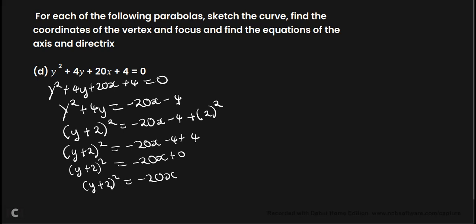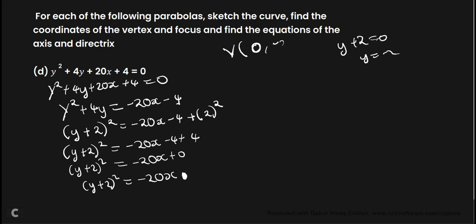Now let's find the vertex in this situation. Our vertex in the x-axis is what? It's 0, because we don't have anything on this side. How about in the y-axis? y plus 2 equal to 0, meaning y equals negative 2.